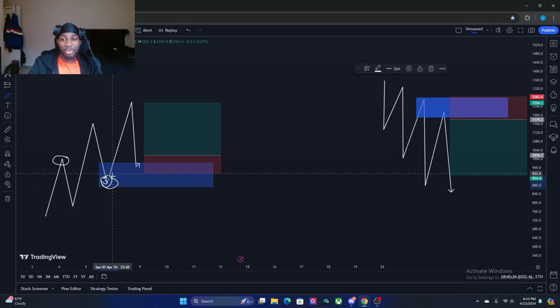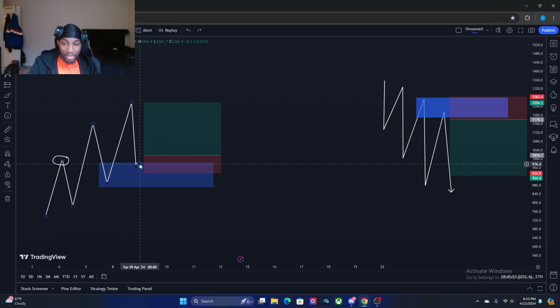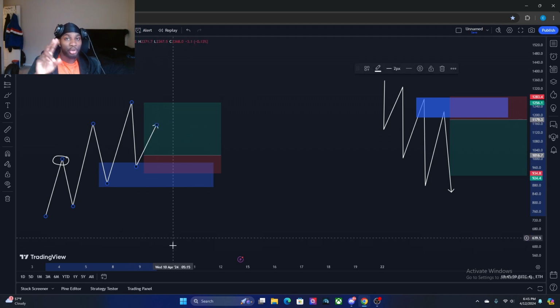How do you know that it's a low? Because we had a break of structure here. Once you break structure and you create a new high, you know that this is your most recent low point. If you're assuming that price is making a new low, then you can place your stop loss underneath that new low.